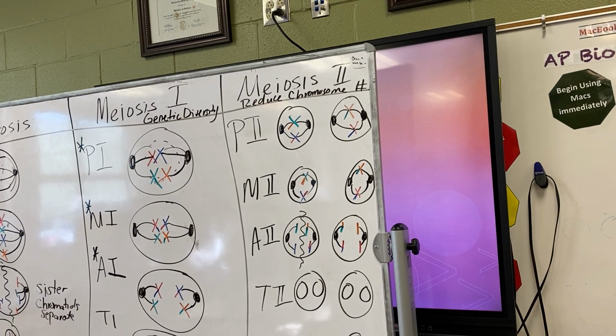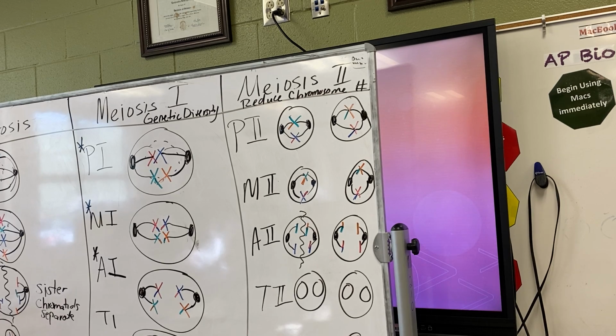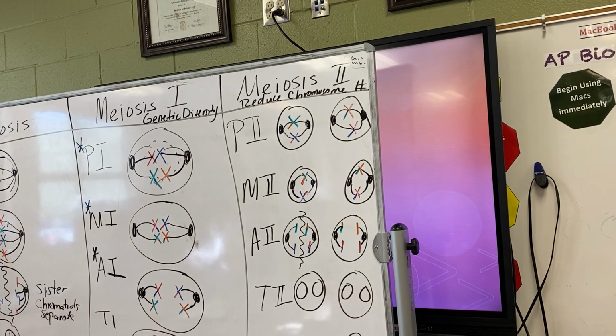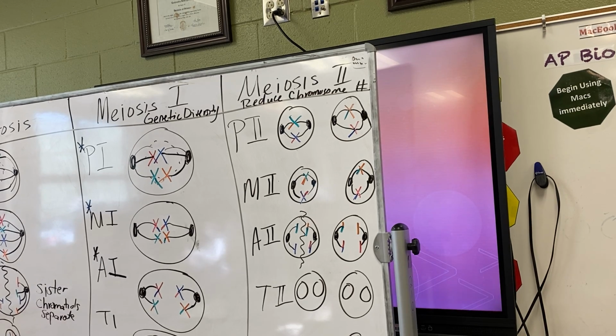How many lines of chromosomes do we have in mitosis? There's one line. How many lines do we have in meiosis 1 though? 2. There's 2 lines, okay? Now, let's look at anaphase 1 versus anaphase of mitosis. Who separated in anaphase of mitosis?